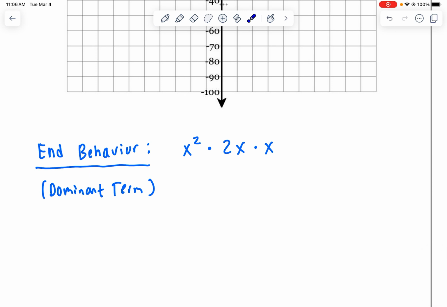Using the laws of exponents, we just simplify what we have here. This will ultimately give us 2. We have 2x's here, another set of 2 here. So 2x to the 4th power after we multiply that out. Notice here, if you look at the exponent, we have an even degree polynomial with a positive leading coefficient.